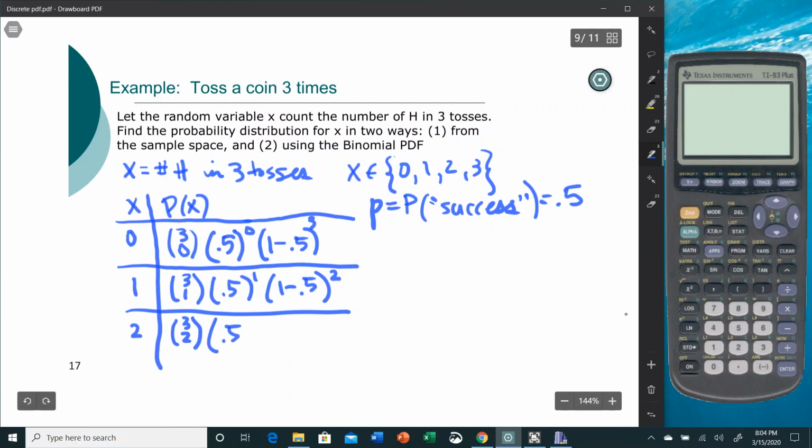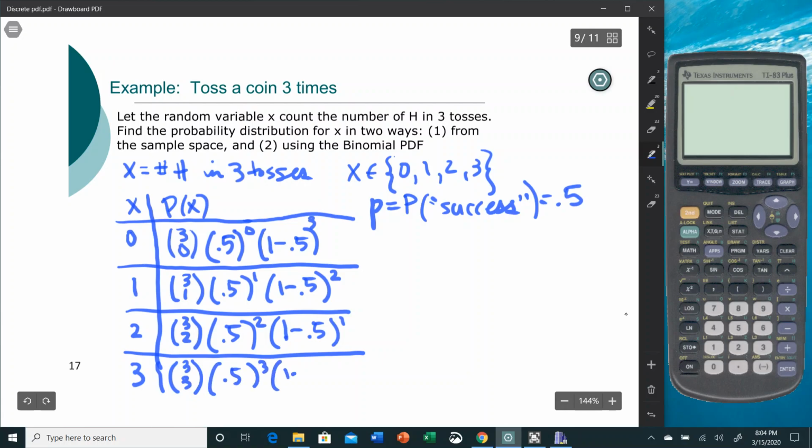Success occurs 2 times, and failure, which is 1 minus P, occurs 1 time. And then the last case is 3 heads in the 3 tosses, 3 choose 3. 0.5 occurs 3 times, and then 1 minus 0.5 occurs 0 times. So how do we do these calculations?